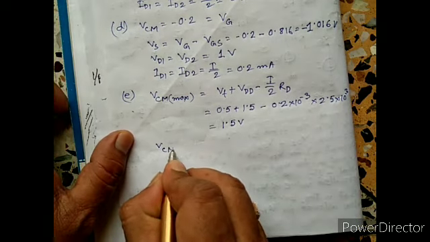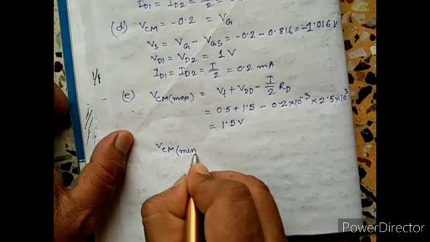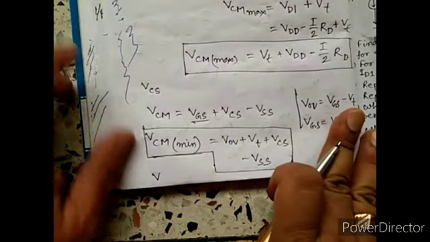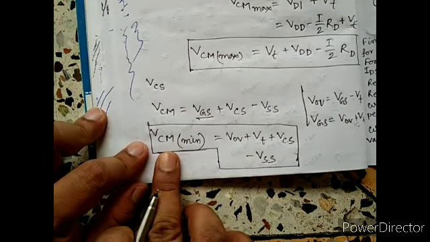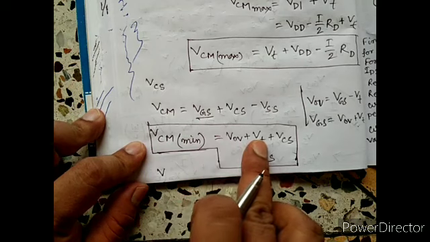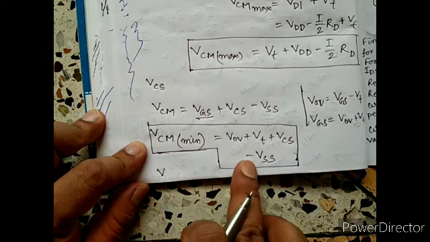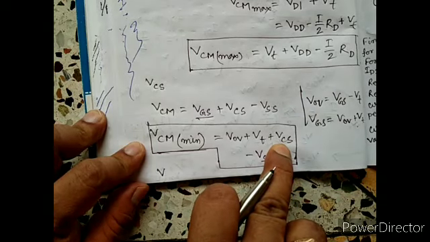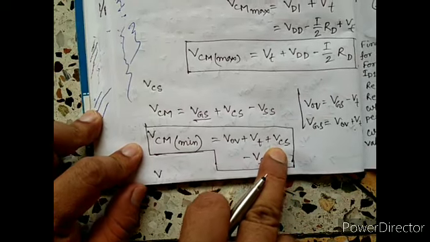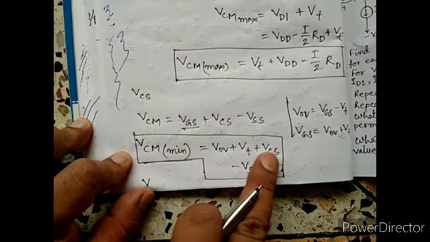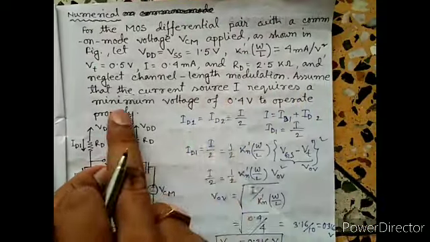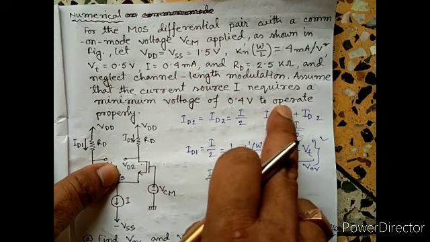And for VCM min, we found in the previous class that VCM min equals V overdrive plus threshold voltage plus VCS minus VSS. VCS is the minimum voltage required to operate the current source properly, that is given as 0.4 volt.